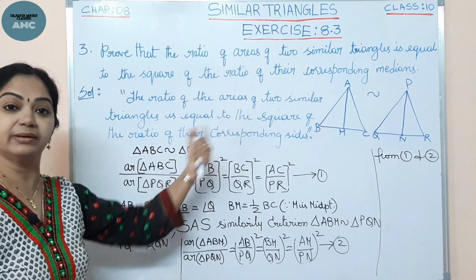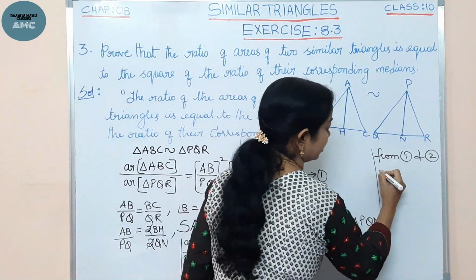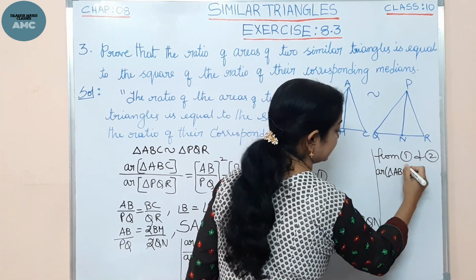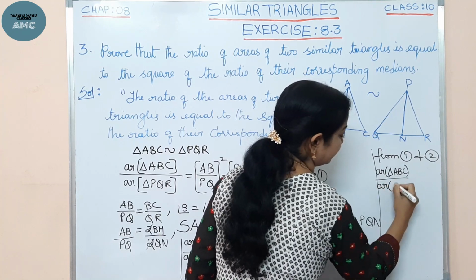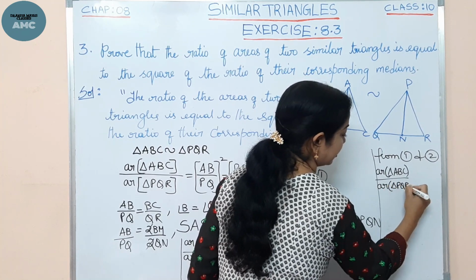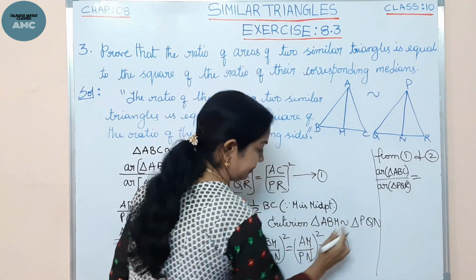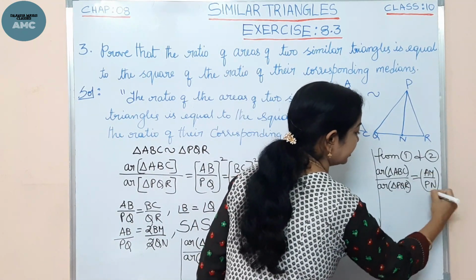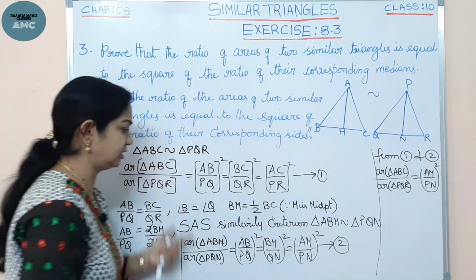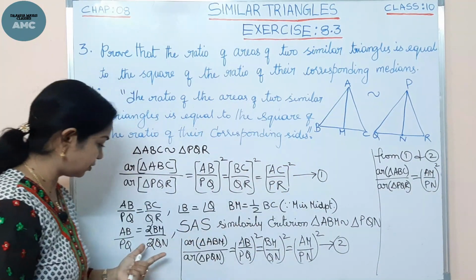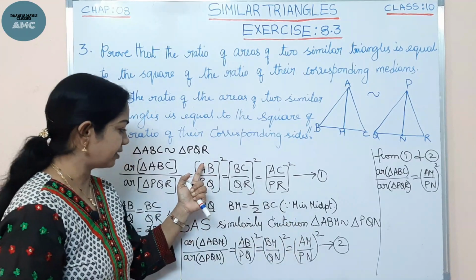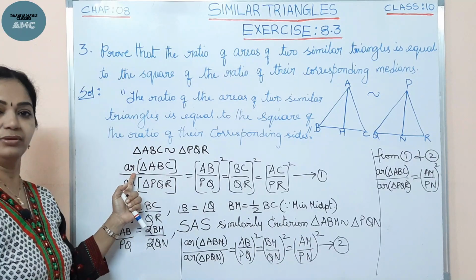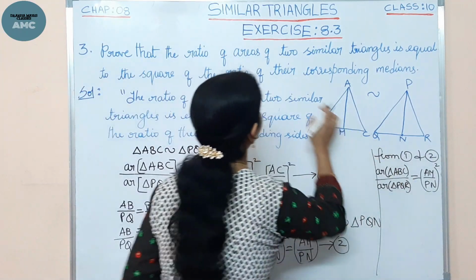We want only the median, so we will equate. So the area of triangle ABC by the area of triangle PQR is equal to AM by PN whole square. What is needed, we are taking from equations 1 and 2. These are all equal, so from these two I can say that this is equal to this.